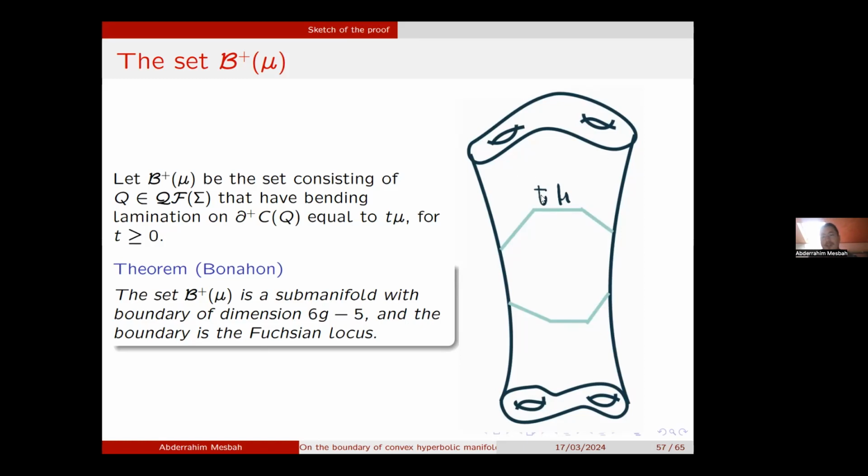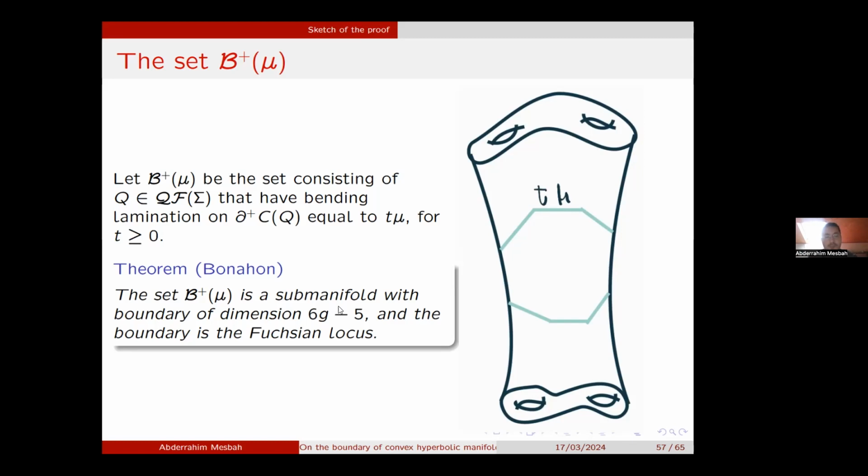So here we are fixing the lamination, so it makes sense because we will have the other boundary which varies, and we are multiplying by t, so we will add one dimension.